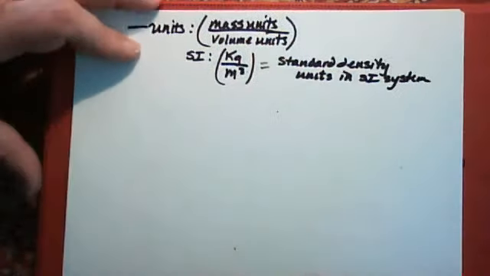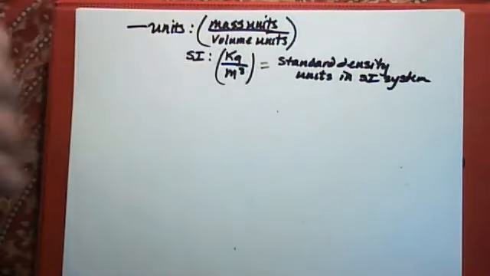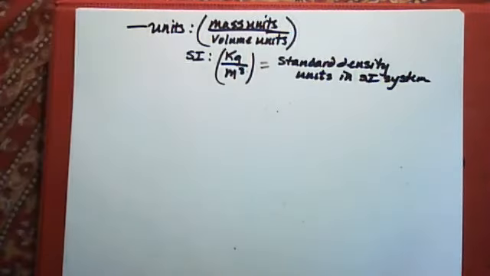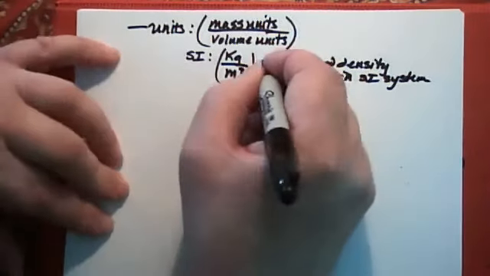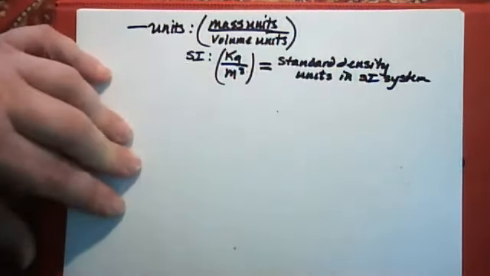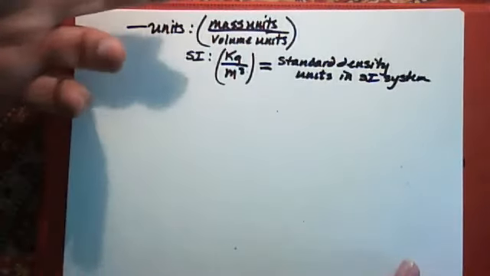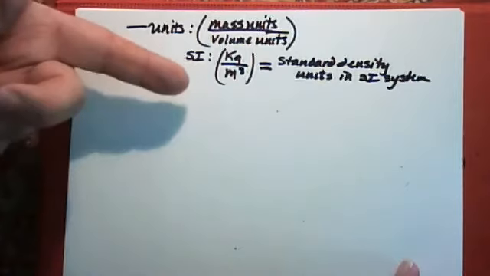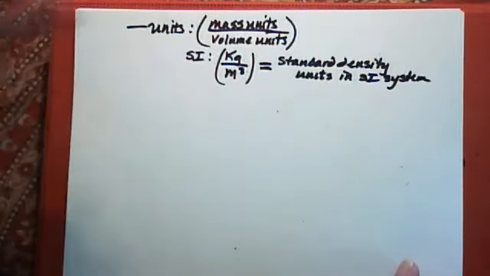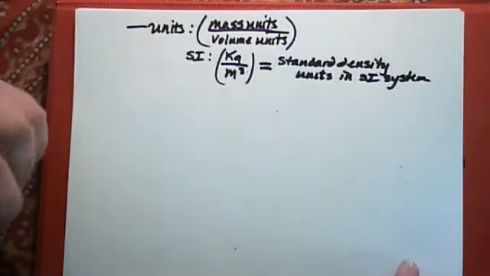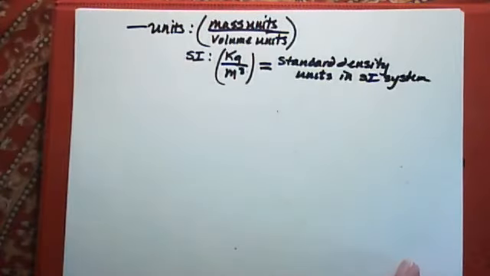Okay. In practice, kilograms per cubic meter is not really a very convenient unit to use. Kilograms are awfully big as a unit of mass. A lot of the stuff you're dealing with in the laboratory is present in fairly small quantities. So why would you measure the mass in a huge unit like kilograms? You're probably going to measure the mass in grams. Cubic meters is also a pretty big unit for volume.